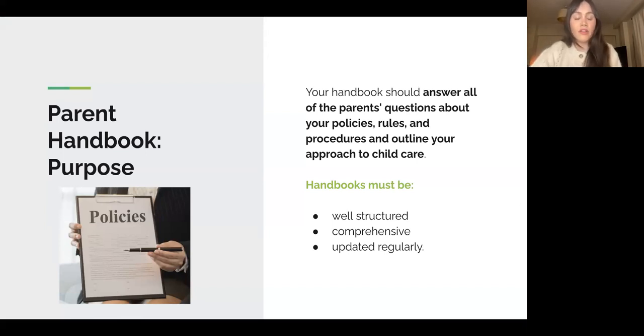What we mean by updated regularly is if anything changes, as we've seen in the last few years, it should be updated to reflect the tone of today, and any changes that are made in your school community. Comprehensive means it should be detailed, it should be clear, it should be easy to read, and it should have every bit of information that parents might need to know. And well-structured, meaning that the information should be organized in a way that's approachable and that parents can access what they need immediately and easily.